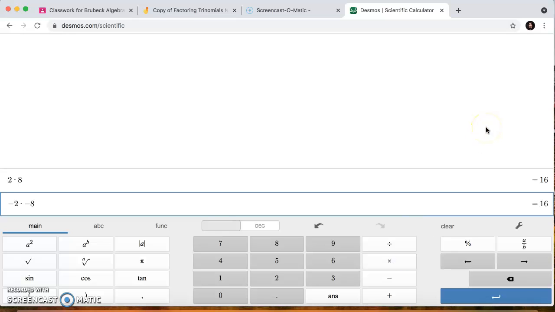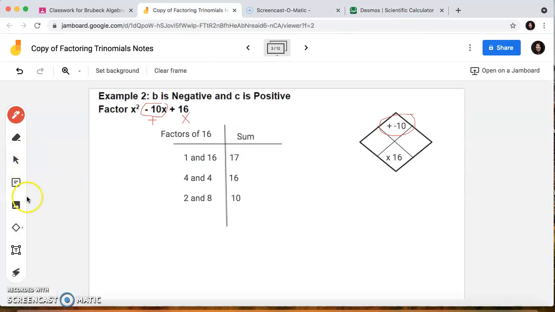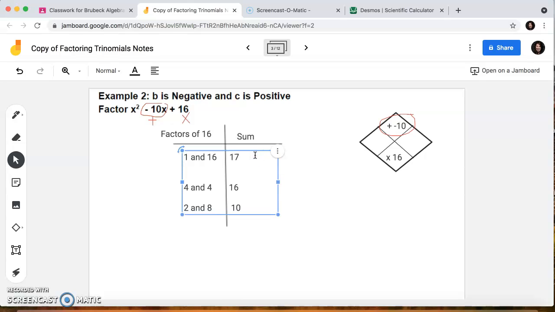So either both the numbers can be positive or both the numbers can be negative, and it's going to multiply to get us 16. So we can make a negative version of all these numbers. We can do -1 and -16, -4 and -4, and -2 and -8. Those will all multiply to get us 16.